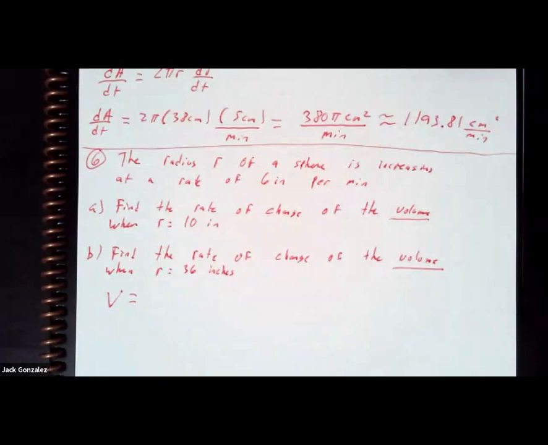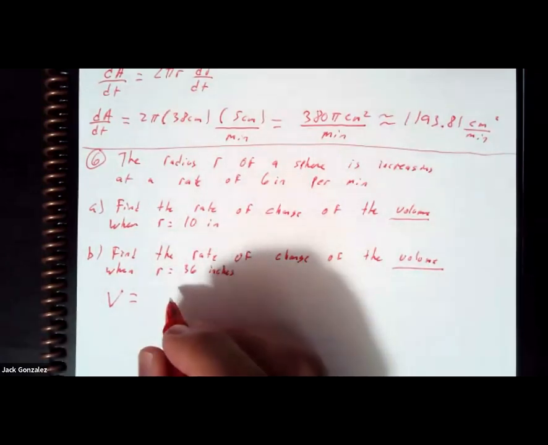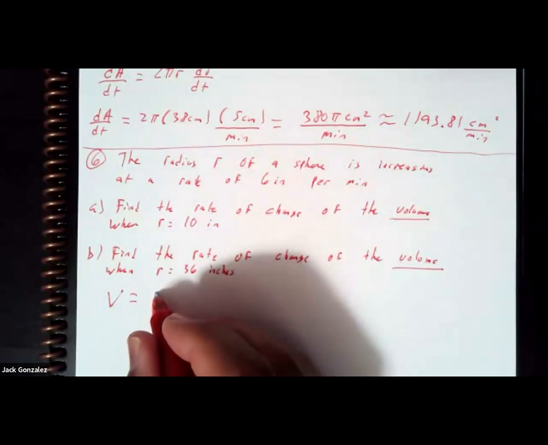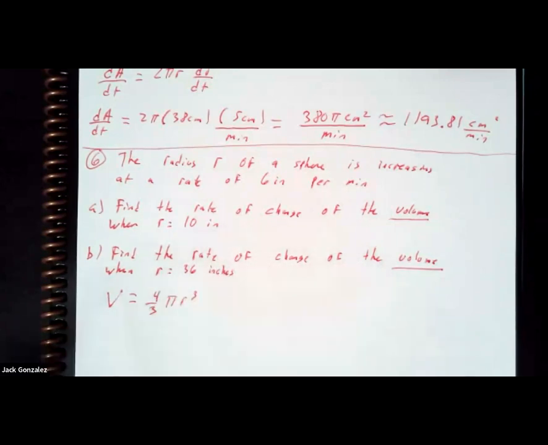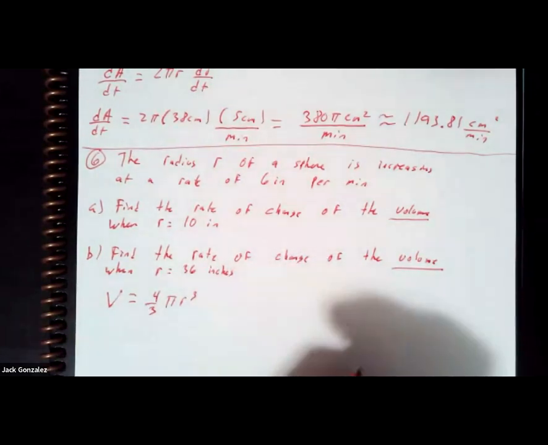I think it's like 4/3 pi cubed, or pi something r squared, pi r cubed, I believe. Is there a 4/3 or a 4 or something? 4/3 pi r cubed. Okay, thanks. That one I always forget. I don't use it too often.